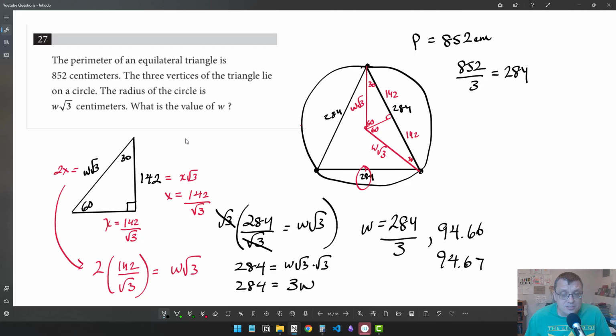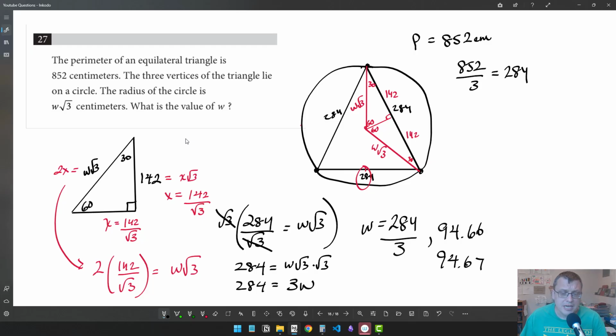So any of these three answers could work: 284 over 3, 94.66, 94.67. I'm partial to 284 divided by 3 because then I don't have to deal with the annoying decimals and the truncating or rounding and making sure I fill up the box as much as possible with digits. I think it's way better just to deal with fractions if you can. But either way, any of these are acceptable.